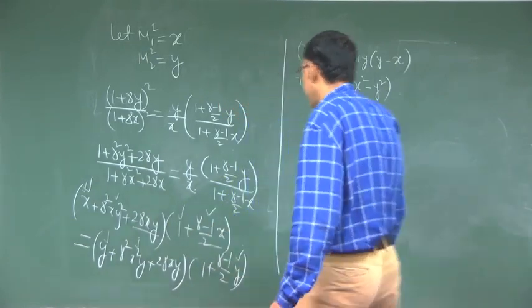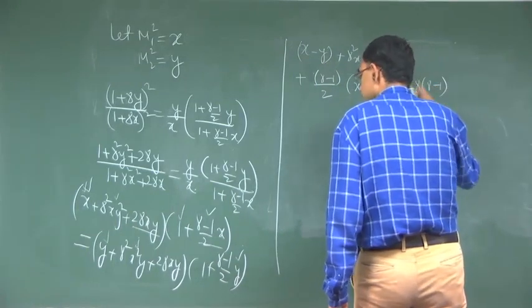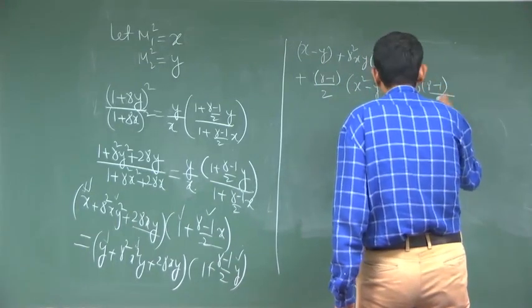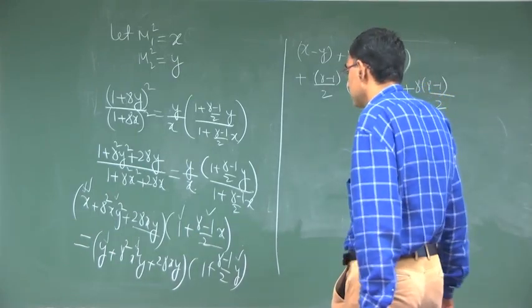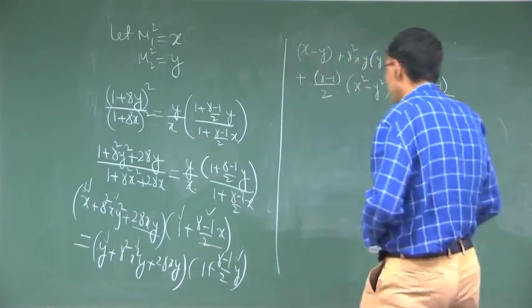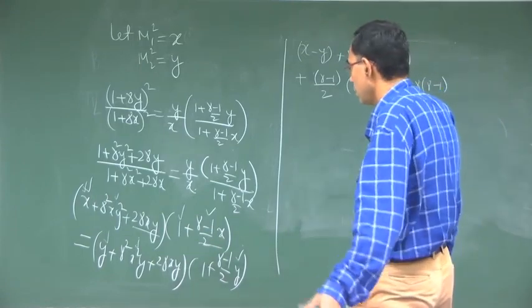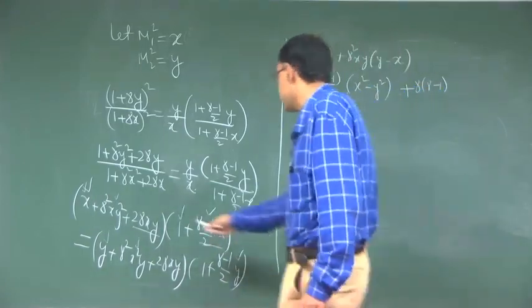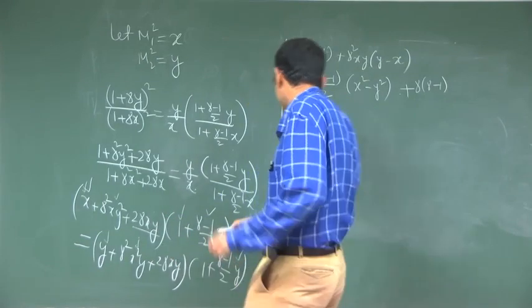So gamma into (gamma minus 1) by 2, and 2 gets cancelled anyway. So gamma into (gamma minus 1) into x square y minus x y square.